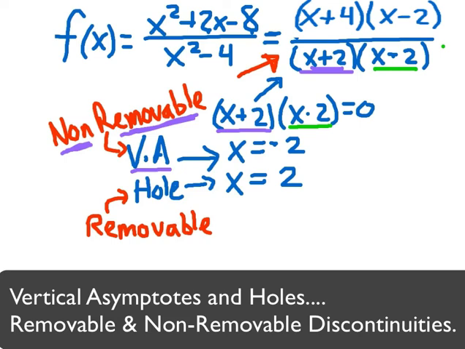Well, yeah, we can. So the x minus 2 would cancel here, and so therefore it is a removable discontinuity. Okay, so you're going to get vertical asymptotes at the non-removable factors, and you're going to get holes at the removable factors.